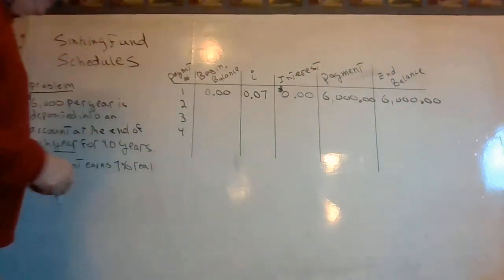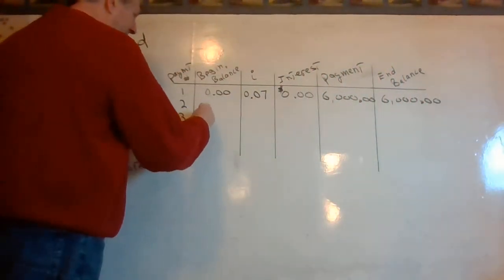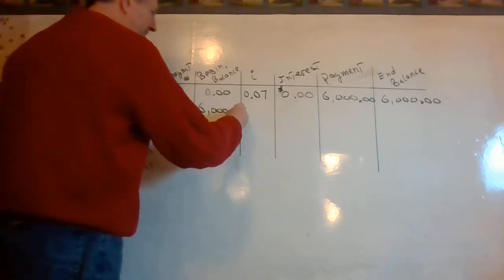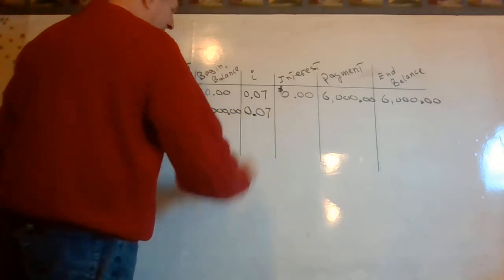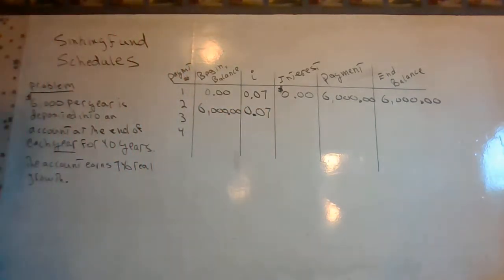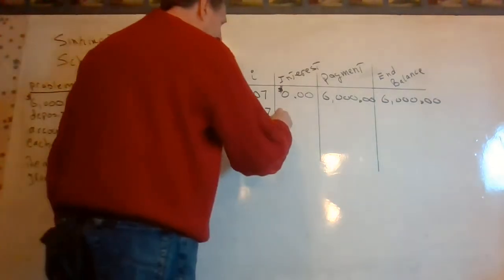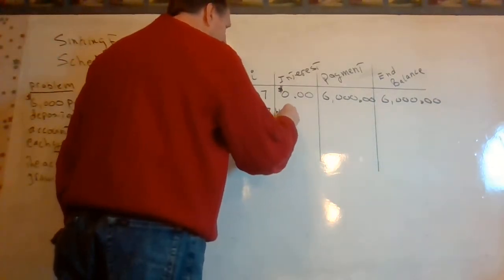Now we can carry that down, beginning balance of the second year. We're going to forecast 7%. And 6,000 times 0.07, you can do that on your calculator. It's 420.